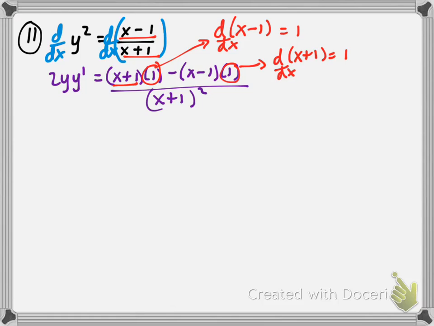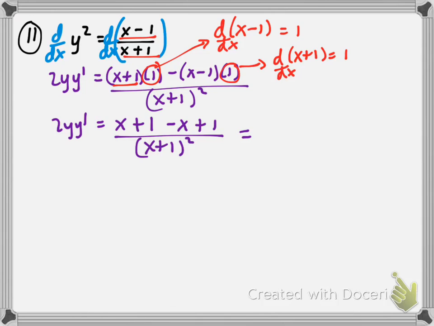So we really have very little to do here, although I'm seeing that we might be able to cancel some things. So let's get rid of the parentheses in the numerator. X plus 1 minus x plus 1 all over x plus 1 squared. So that's kind of nice, the x's cancel, and so we just get 2 in the numerator, 2 over x plus 1 squared.